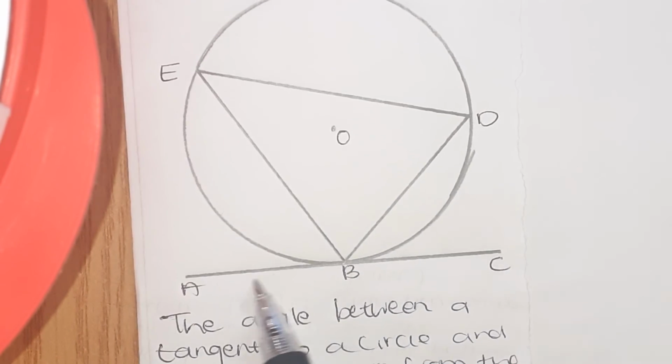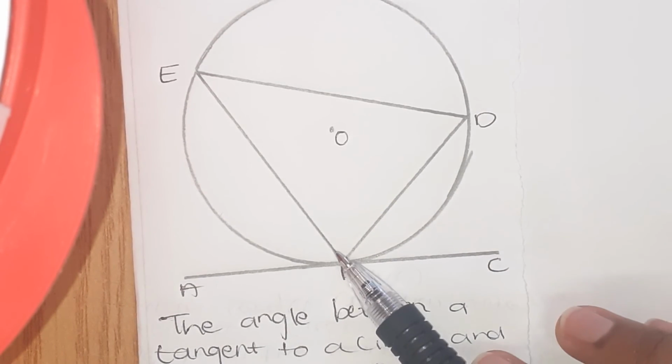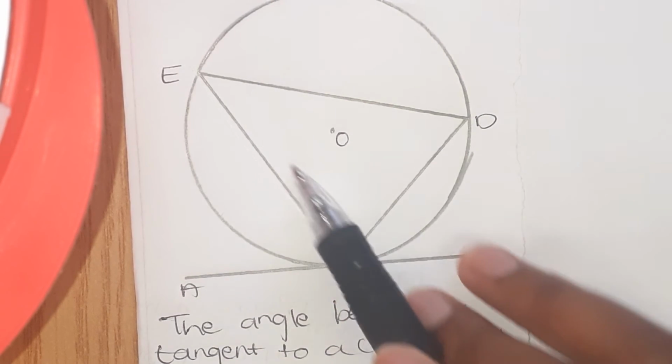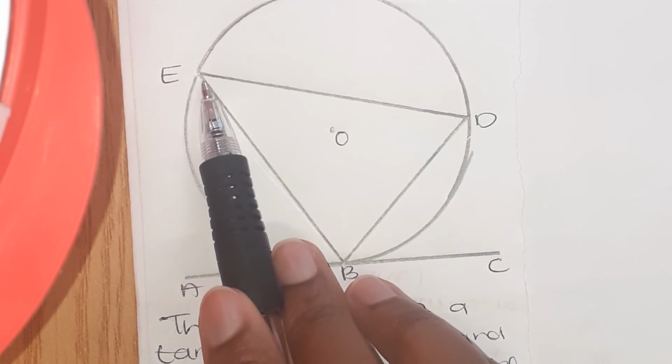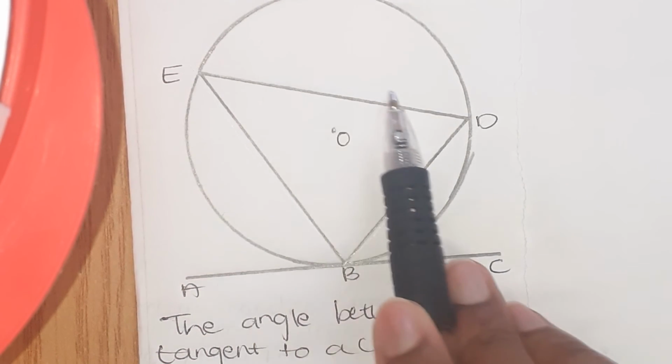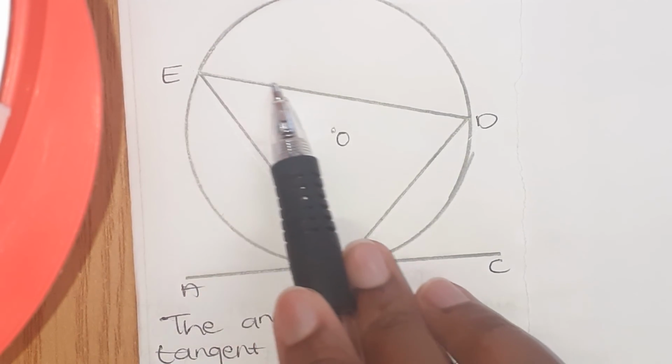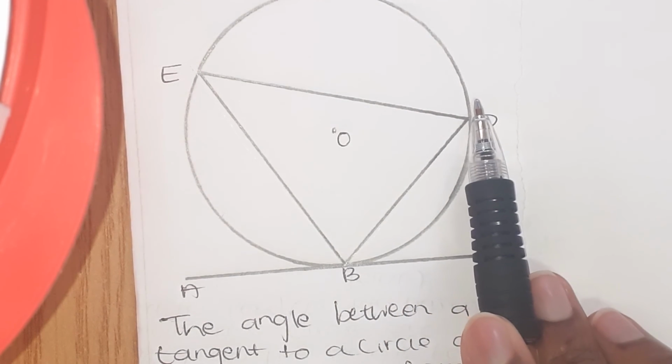So this is a tangent and this is a chord from this point going to that point. This is also a chord from this point to that point. This is also a chord because it's not drawn from center. This is also a chord here.